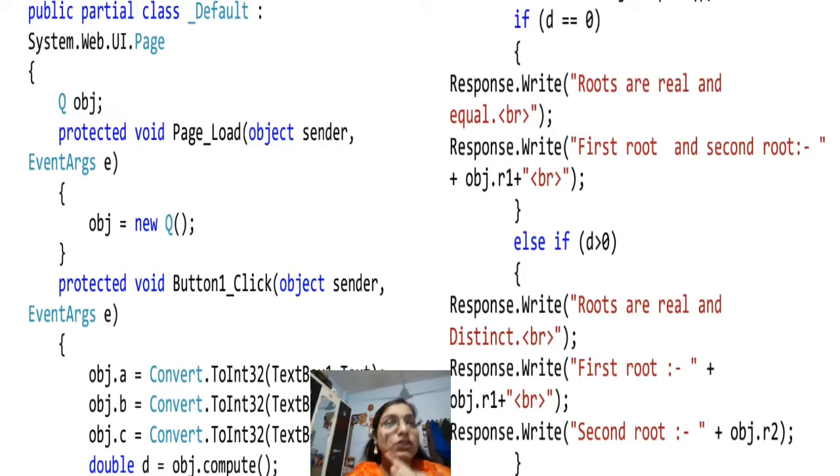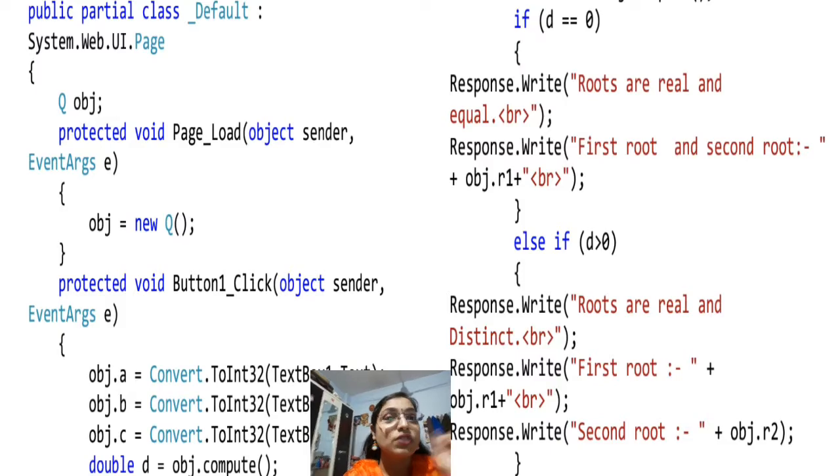Then in compute function, every time we have not written the value of R1 and R2. Just remember, every time we have written D1 only. So this is the reason why directly or by default, if you are calling the compute function, it will not give you the direct answer.